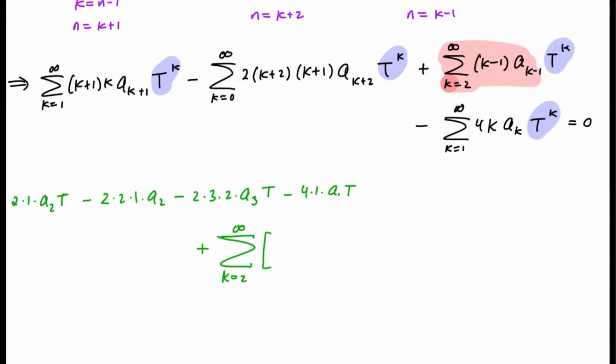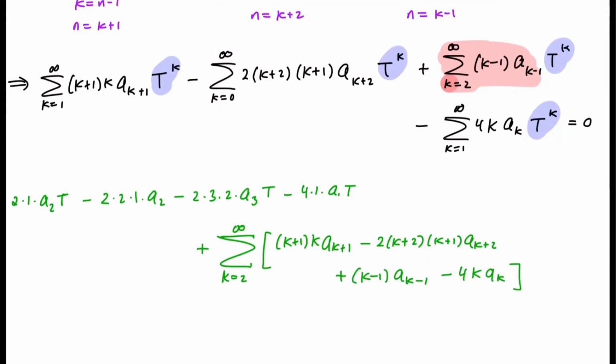So here's what I'm going to get: k plus 1 times k, a sub k plus 1. Again, I'm factoring out t to the k, minus 2 times k plus 2, k plus 1, a sub k plus 2. That's the second. And the third one, we got plus k minus 1 times a sub k minus 1. And the last one, minus 4 k a sub k. Everything times t to the k equals 0.